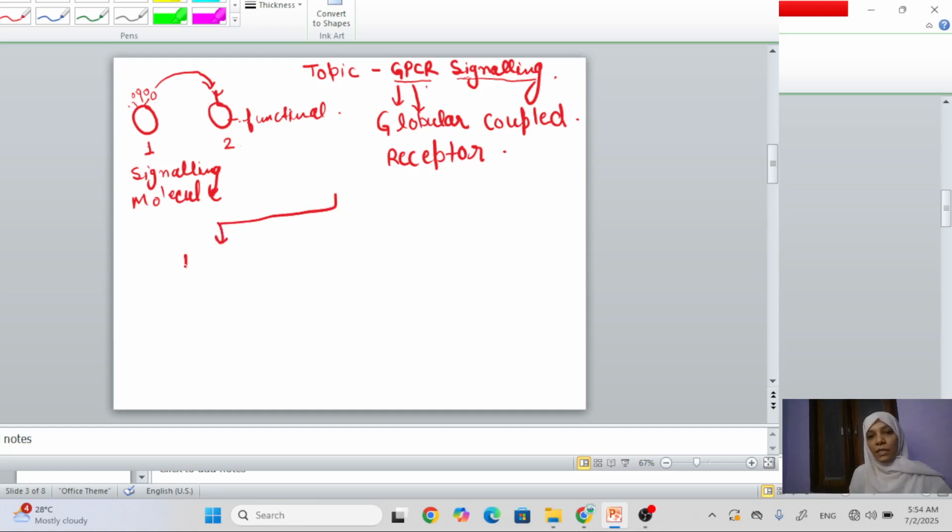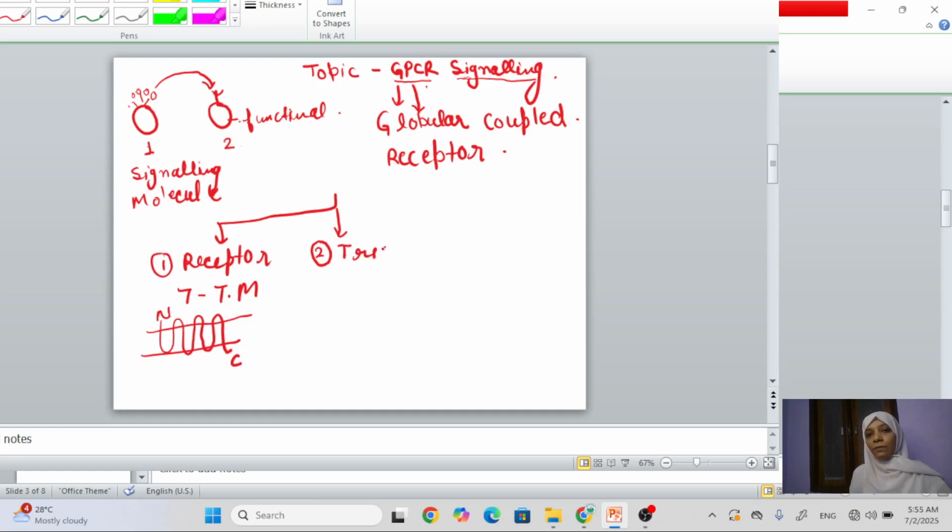The first is the receptor, which is a seven-transmembrane receptor. That means it will cross the plasma membrane 7 times, like 1, 2, 3, 4, 5, 6 and 7. This is the C-terminal and this is the N-terminal. The first is the receptor and the second is the trimeric G protein.